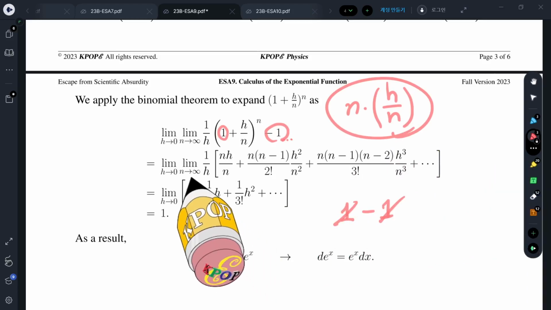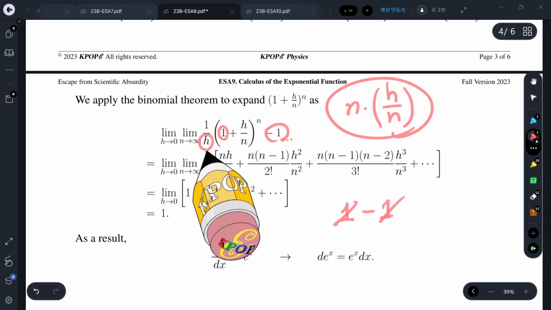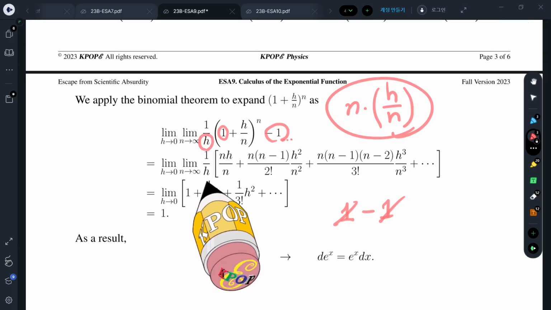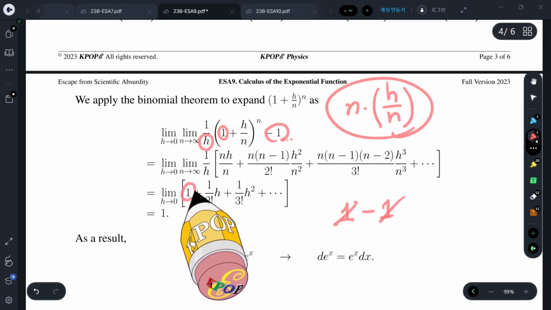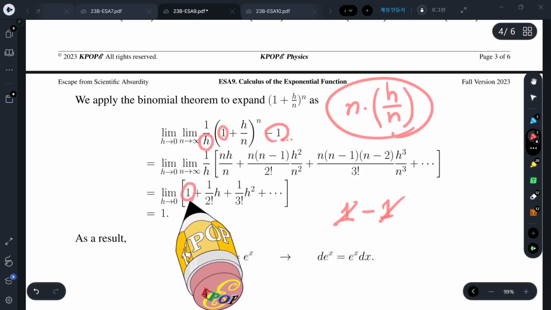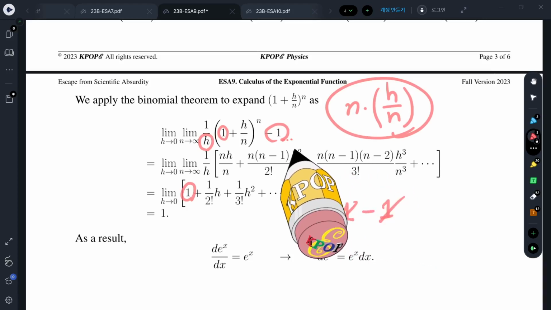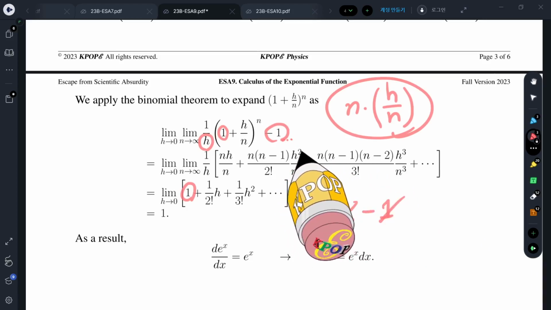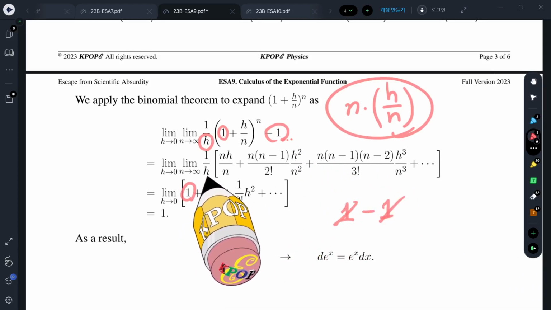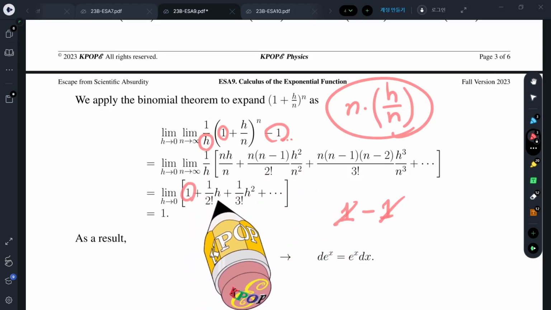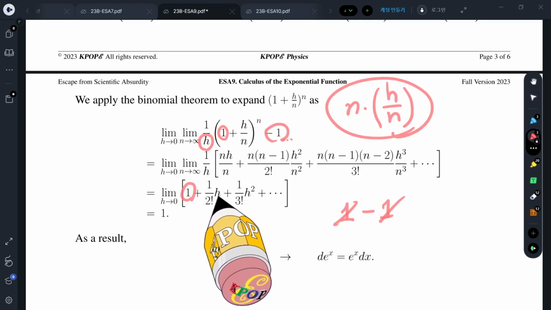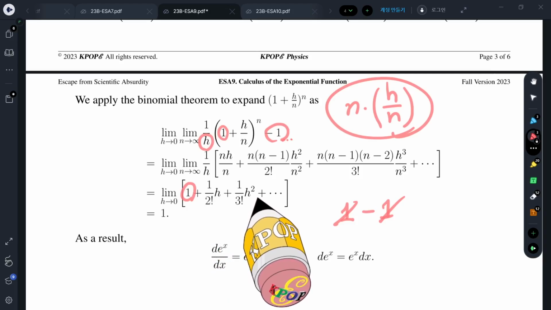We find that we have a single h in the denominator, and this cancels, and this term gives a finite value that is unity. After that, the terms have a power of h greater than 1. So from the next term on, the power of h grows.